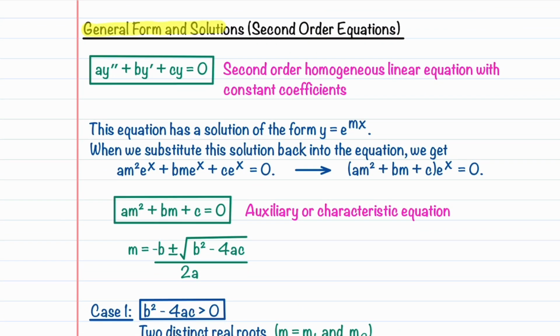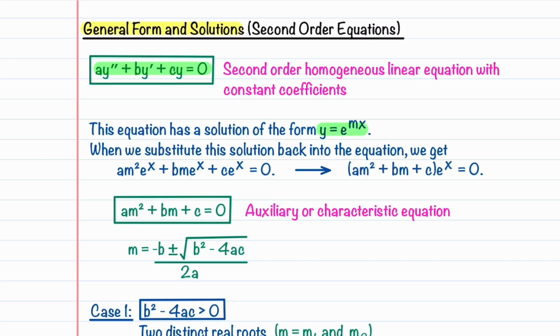The general form of a second-order linear homogeneous equation with constant coefficients looks like this. It's ay double prime plus by prime plus cy is equal to 0. The solution to this equation is going to be of the form y is equal to e raised to the mx.